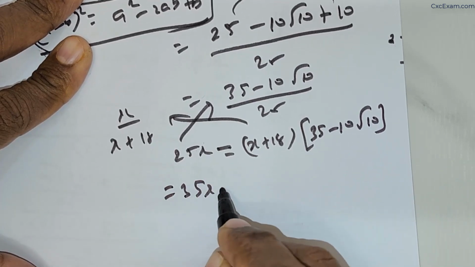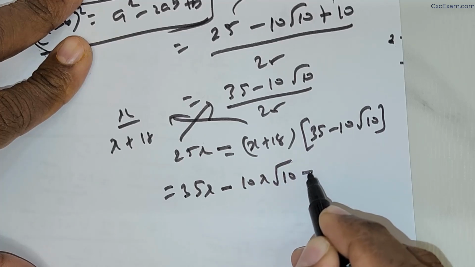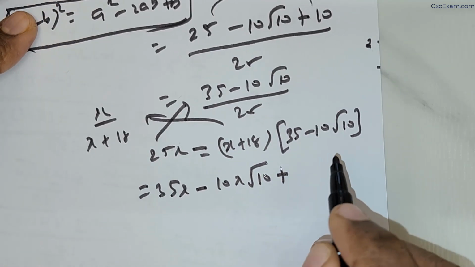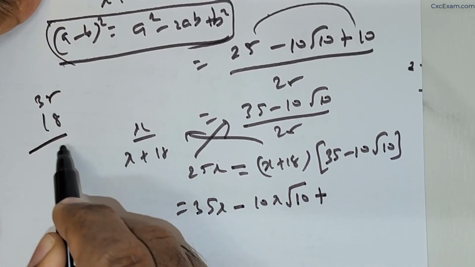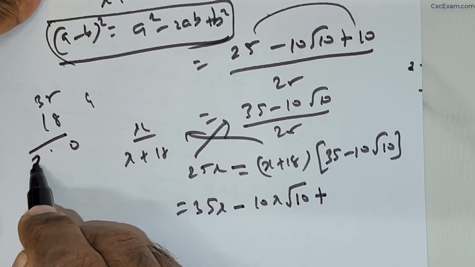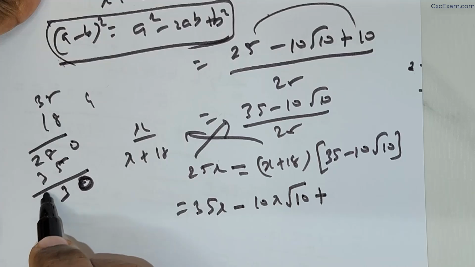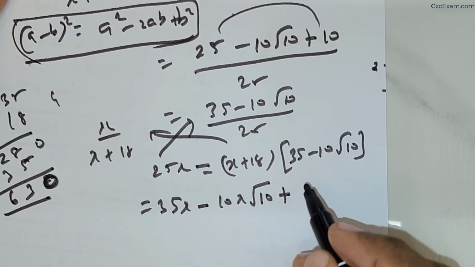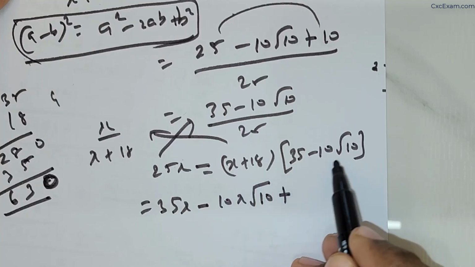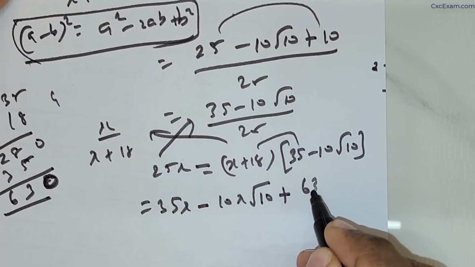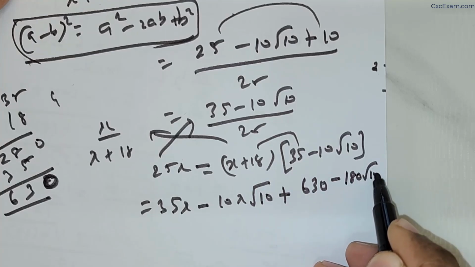So this is going to give me 35x − 10x√10 + 18 into 35. 18 times 35 is 630, and then negative 180 times √10.